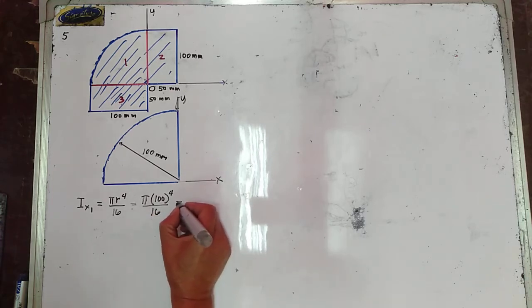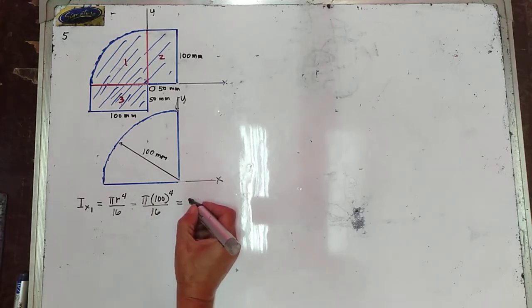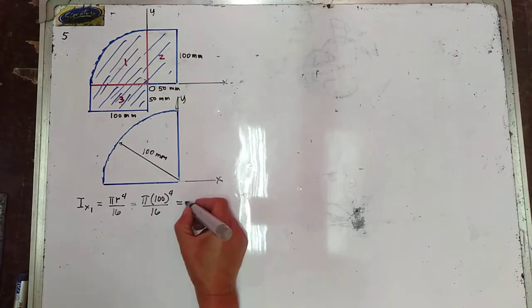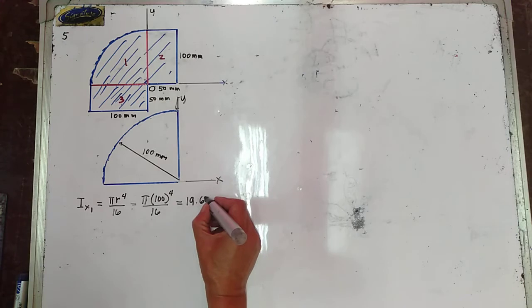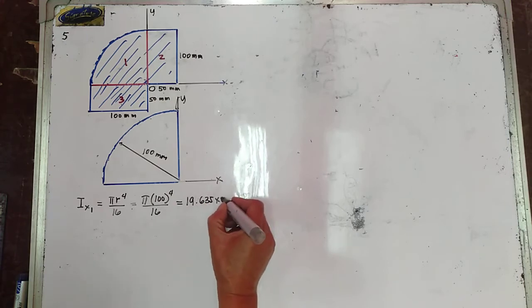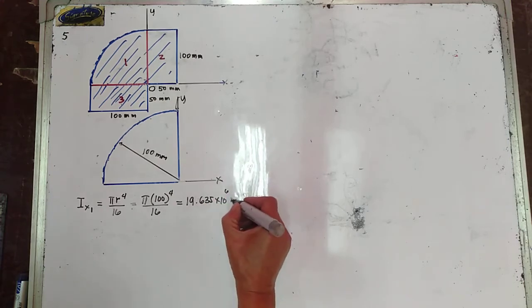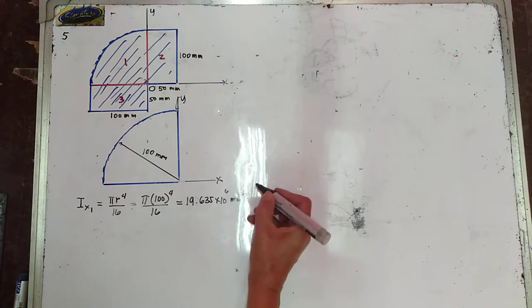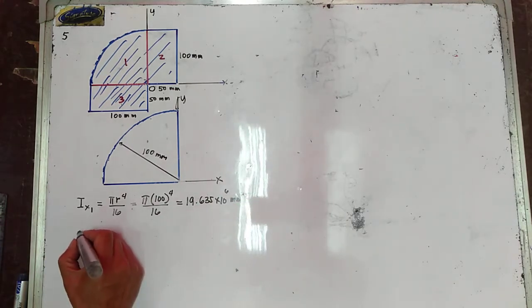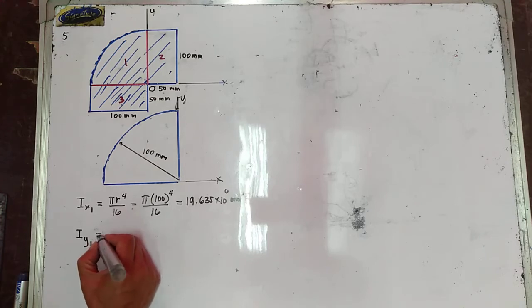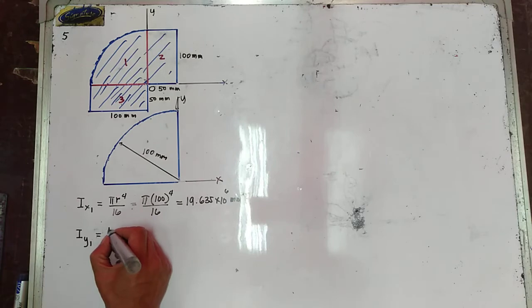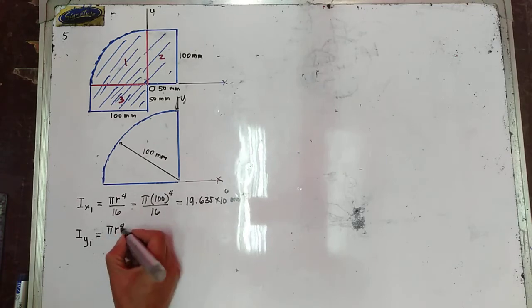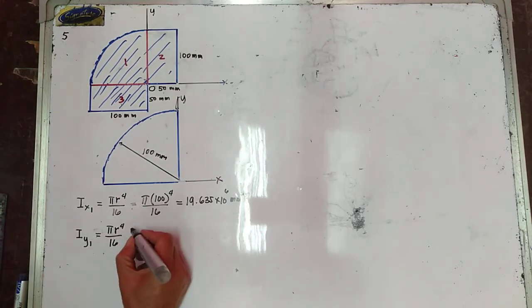And this is therefore equal to 19.635 times 10 to the 6 millimeter raised to the fourth. Similarly, the moment of inertia with respect to the y-axis is still pi r to the fourth all over 16.